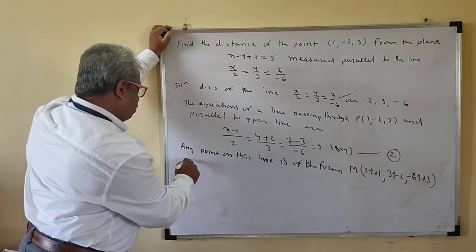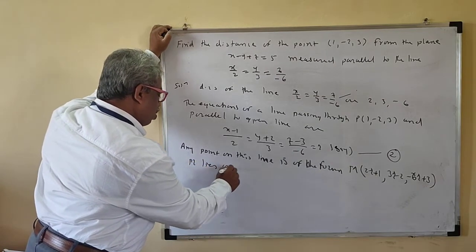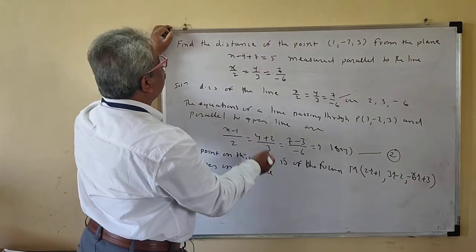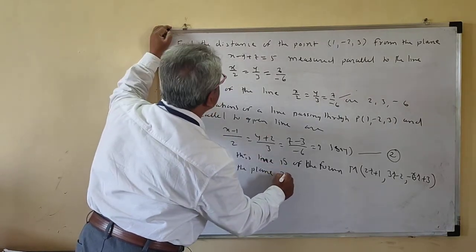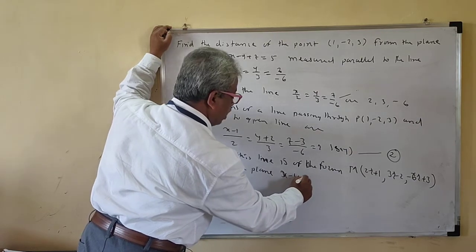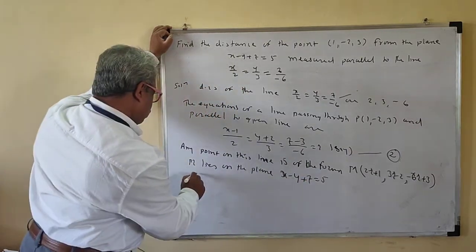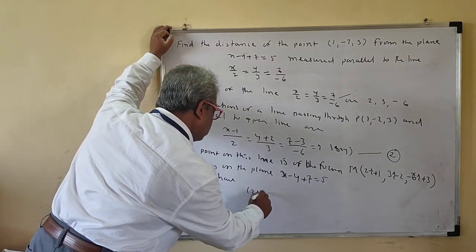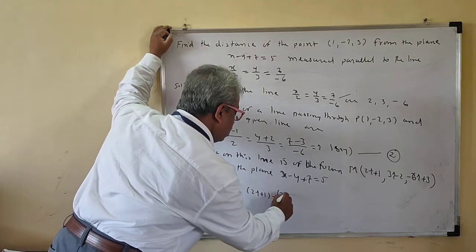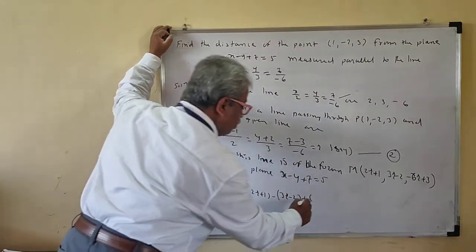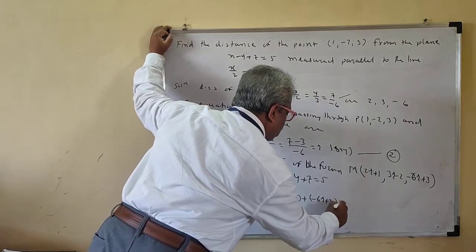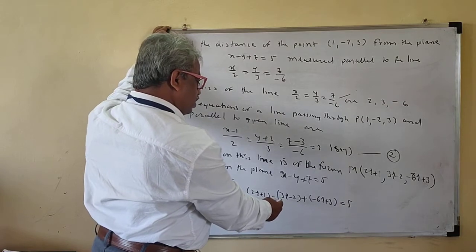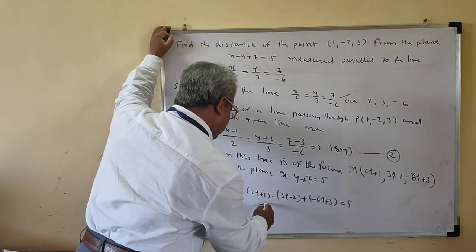M lies on the plane x minus y plus z is equal to 5, so we have 2r plus 1 minus (3r minus 2) plus (minus 6r plus 3) is equal to 5. So find r now. This is 2r minus 3r, that is minus r, so minus 7r now.